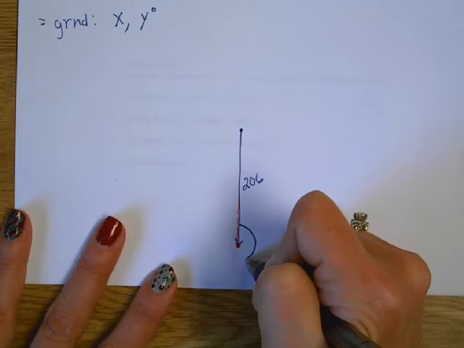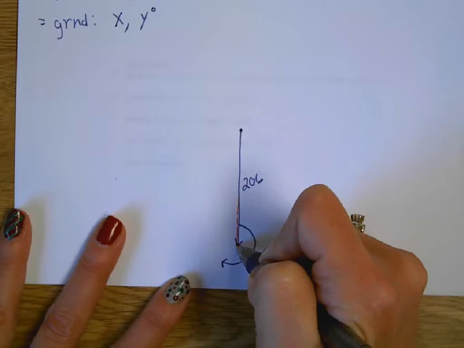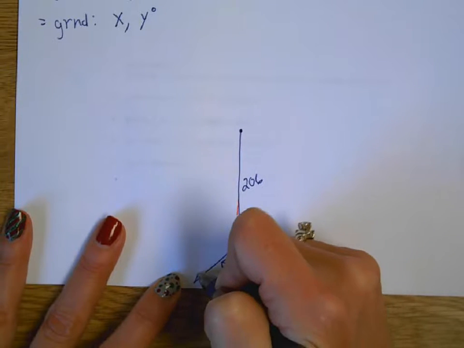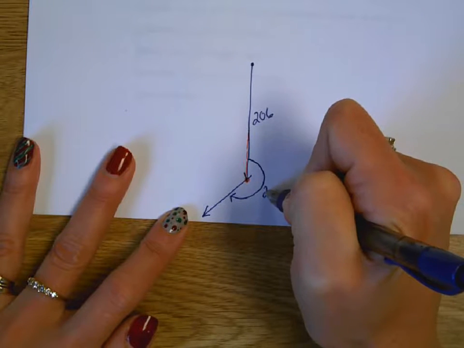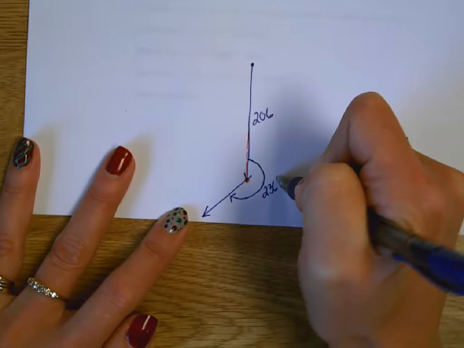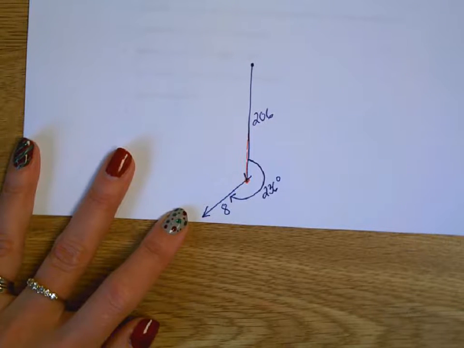So there's 180, about here. There's my wind. So that was 236 degrees. 8 is the speed. Any questions so far?